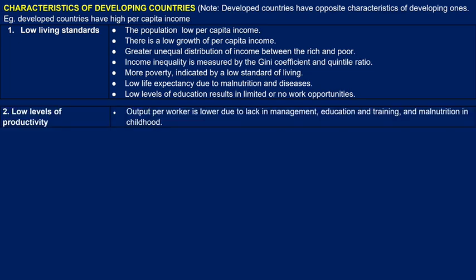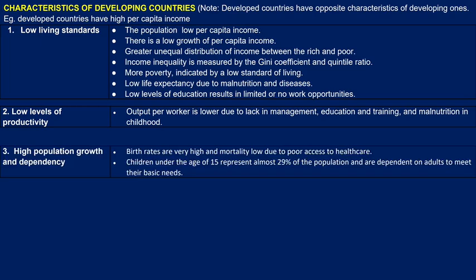Second one, low levels of productivity. Output per worker is lower due to lack in management, lack in education and training, and malnutrition in childhood. So people haven't developed physically. Number 3, high population growth and dependency.